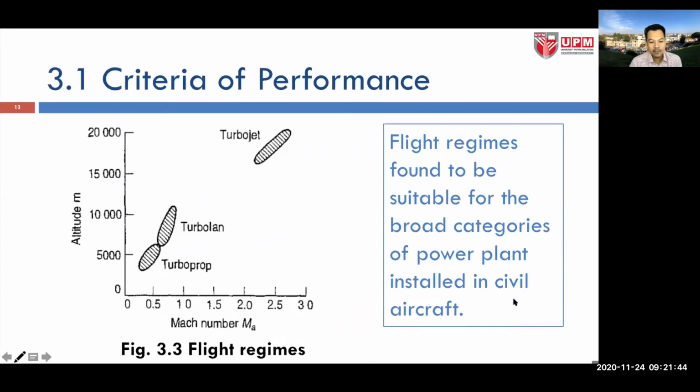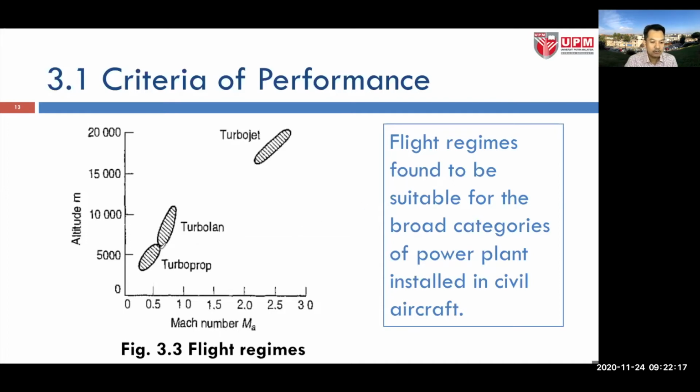And this particular figure, figure 3.3, shows the flight regimes. We have the y-axis denoted by the altitude from 0 to 20,000 meters, and the x-axis denoted by the Mach number from 0 to 3. What is being shown here is the flight regime found to be suitable for broad categories of power plant installed in a civil aircraft.